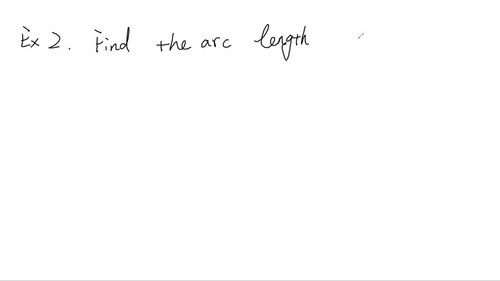So let's do this one. Suppose we want to find the arc length of a function given by x is equal to y to the 3/2, where y is from 0 to 1.